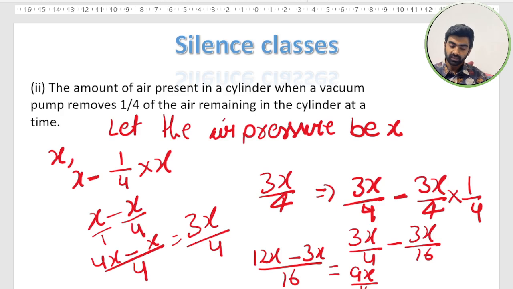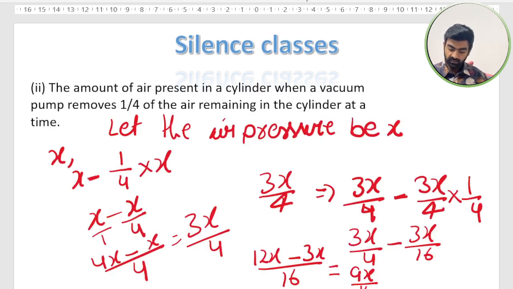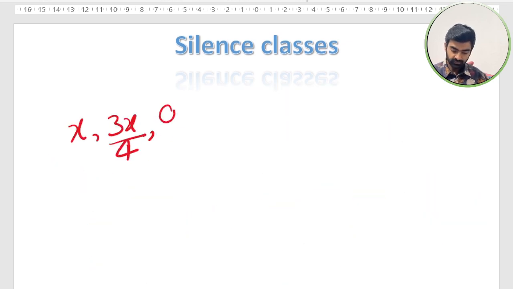Now we got the three terms: x, 3x upon 4, and 9x upon 16.